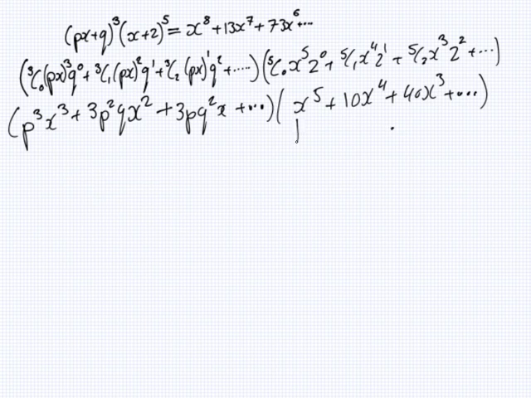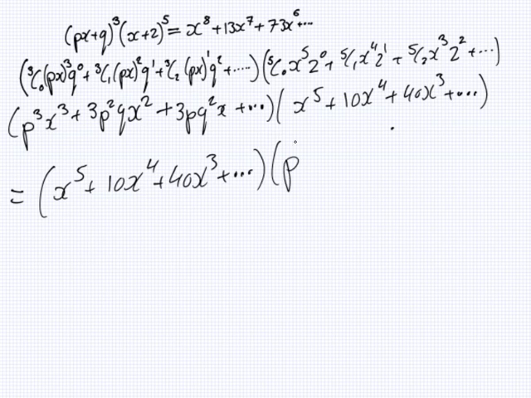I should have been doing 5 multiplied those 3 and then move on to 4 and then move on to 3. If you prefer, it's easier to write the bigger one first. x^5 plus 10x^4 plus 40x^3, p^3 x^3 plus 3p^2 q x^2 plus 3pq^2 x.